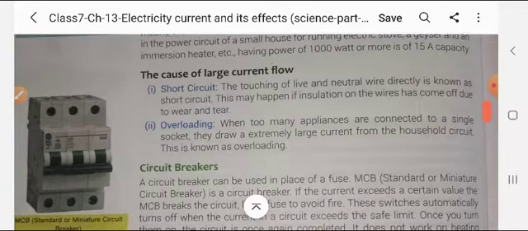Next, the cause of large current flow. What is the reason behind a sudden huge amount of charge coming into our house that damages the home electrical appliances? There are two certain reasons.